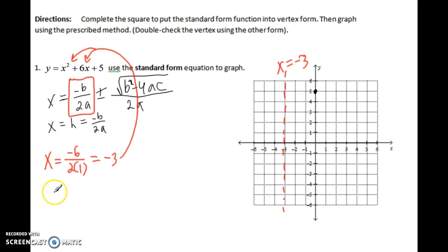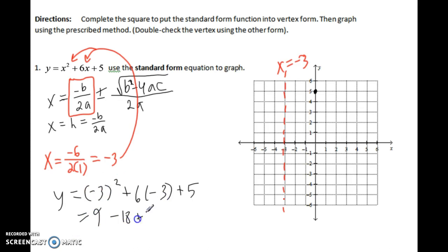We get y equals, instead of x squared plus 6 times x plus 5, I'm going to plug in a -3. -3 squared is 9. 9 minus 18 plus 5, let's see, that would be 14 minus 18 is -4. So the y value of this point is -4. So there it is.